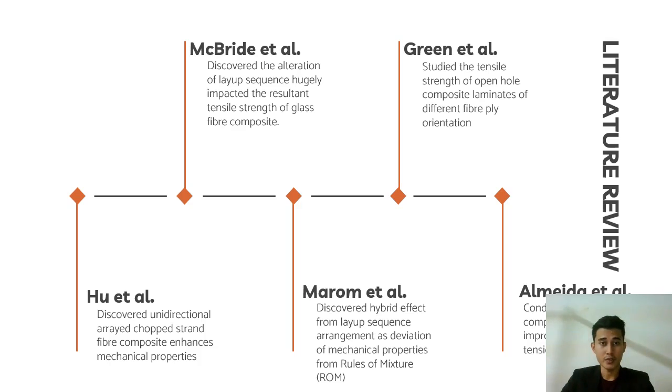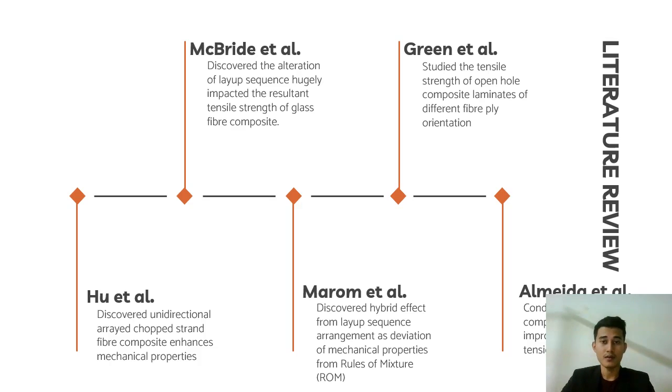For the first one, Hu et al. discovered that unidirectional array chop strands enhance the mechanical properties, particularly tensile strength, which is greater compared to conventional short fiber reinforced polymer, while ensuring outstanding flowability.